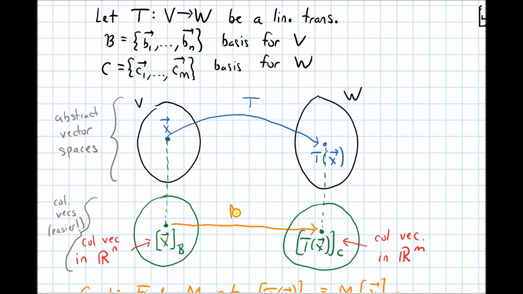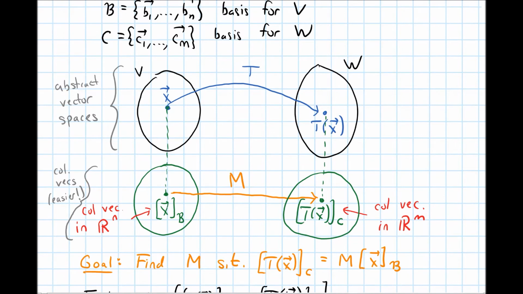I'm going to call that matrix M. So our goal in this section is basically how do we figure out what M is? Our goal is to find the matrix M such that when I multiply M by the B coordinate vector of x, what I get out is the C coordinate vector of T(x).